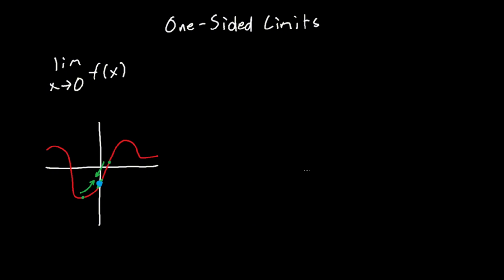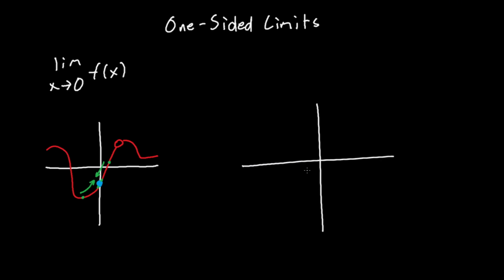The reason I specify behavior is because sometimes your function doesn't have a value at certain points, like in the cases of holes. A hole literally just looks like a circle on the graph. But you can still find the limit of the hole using two-sided limits. You can also find the limit of a hole using one-sided limits.